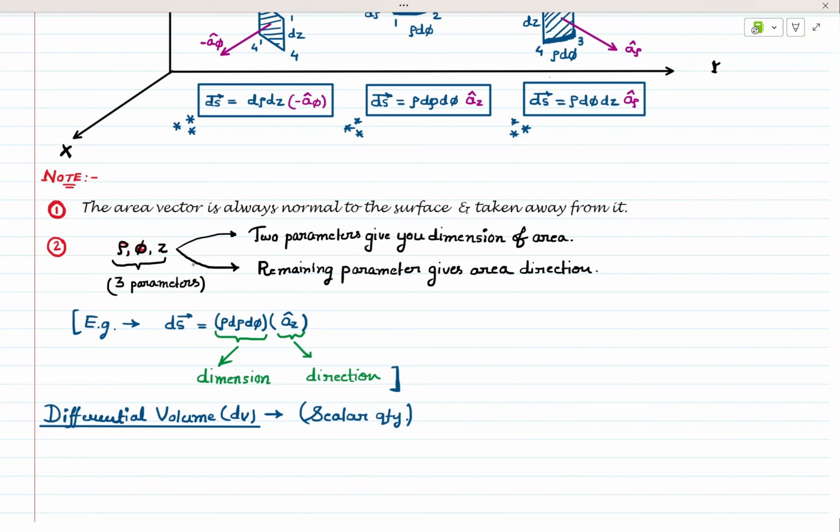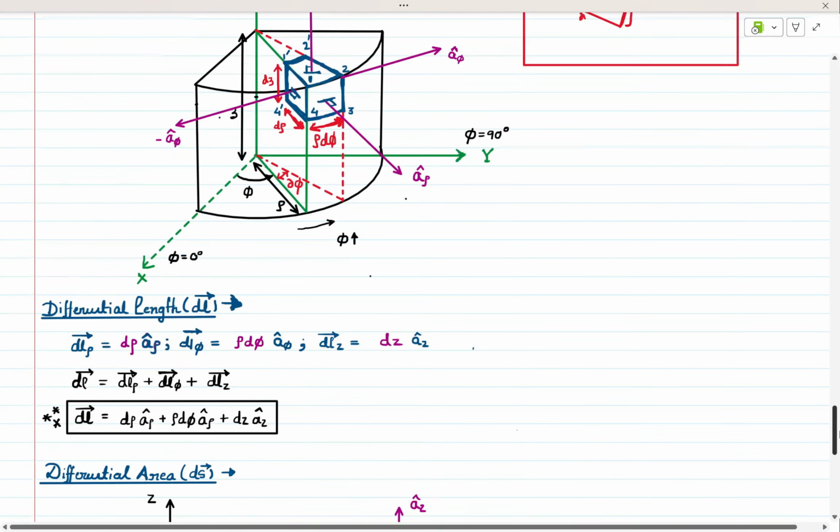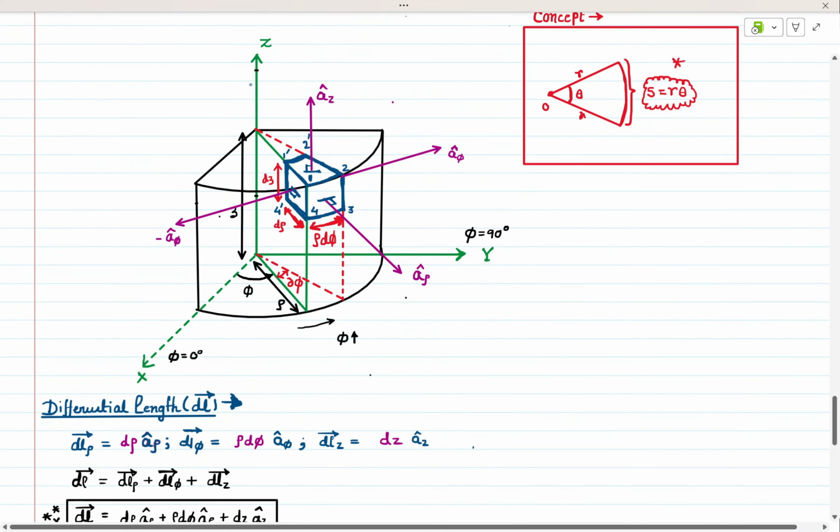Now, differential volume. Okay. Now the differential volume is what? A scalar quantity. Now you know that the volume of a section can be given as the multiplication of length, width and height. In this case, the same thing will also happen because this is the small section, right?